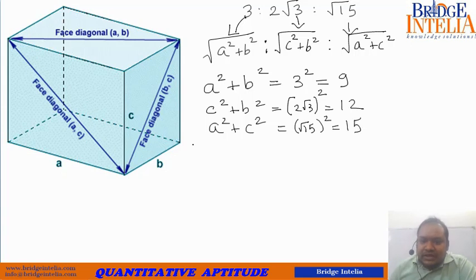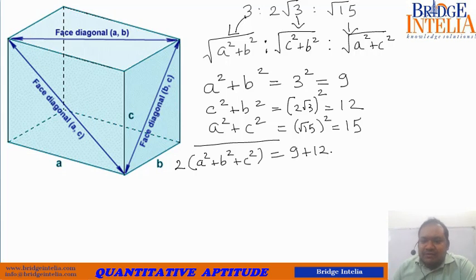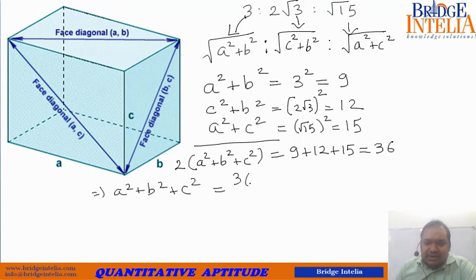Now, if you add these three, you get twice of a square plus b square plus c square is equal to 9 plus 12 plus 15, which is 36, isn't it? So 12 plus 9, 21, 21 plus 15, 36. So from here, a square plus b square plus c square is equal to 36 by 2, which comes out to be equal to 18.